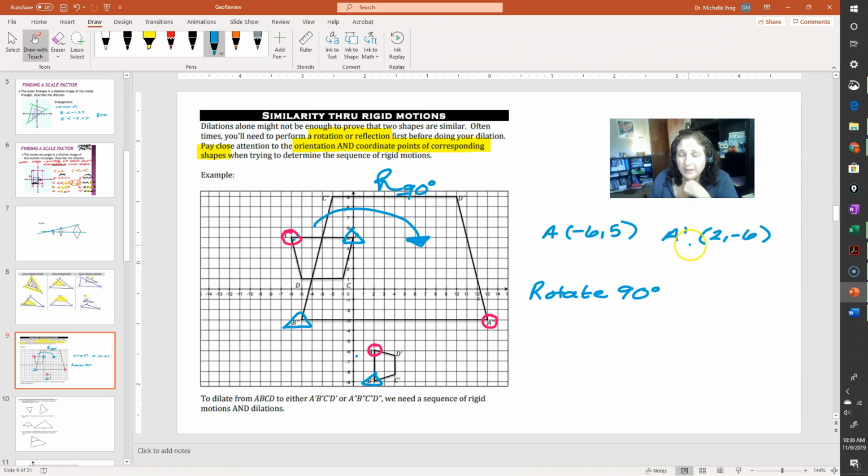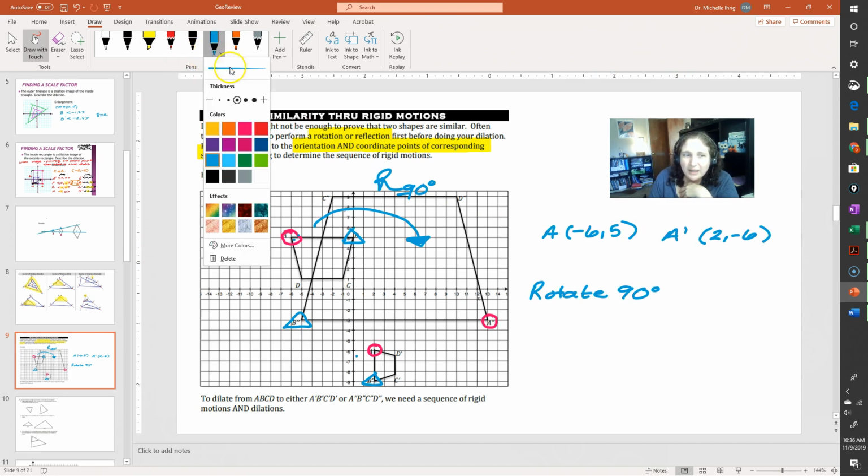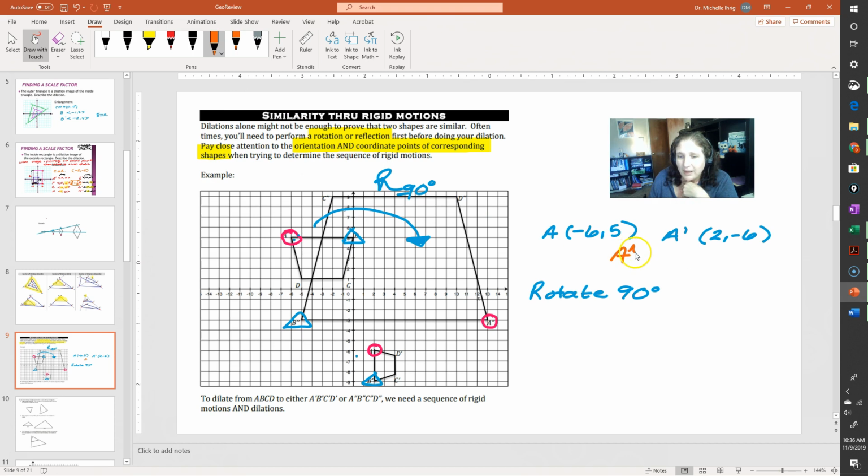I know we called this A prime, but there's actually a hidden point after the rotation, so I'm going to put A star. Star is not mathematical, it's just my way of saying it. If I have (6, 5) and I flip-flop, I'm going to have (5, 6), and this is going to land me in the first quadrant.